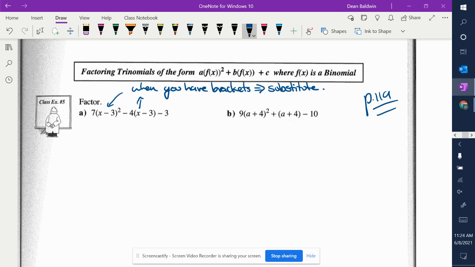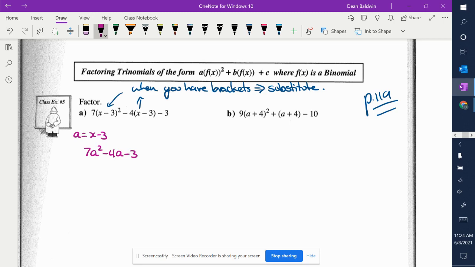You get to pick any variable you want. So you go A equals what's in the brackets. So we say A equals x minus 3. So then I substitute that into the equation. So now my equation is 7a squared minus 4a minus 3.